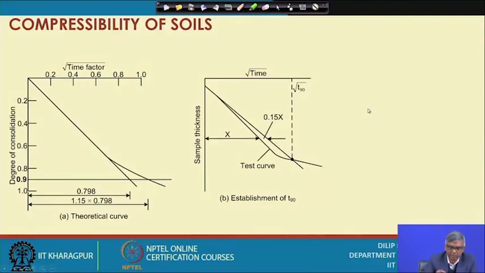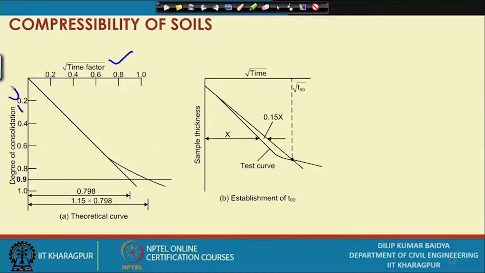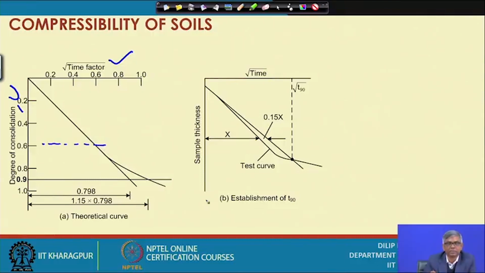You can see here this is the observation given initially, root time factor versus degree of consolidation u plotted like this, and up to 60% it is a perfect straight line and then it starts deviating from the straight line. But at 90% consolidation, you see the abscissa value here and the value on the actual curve is 1.15 times the abscissa of the straight line.